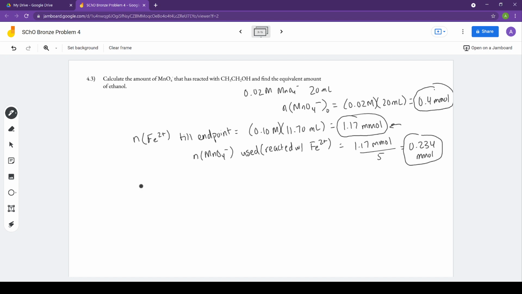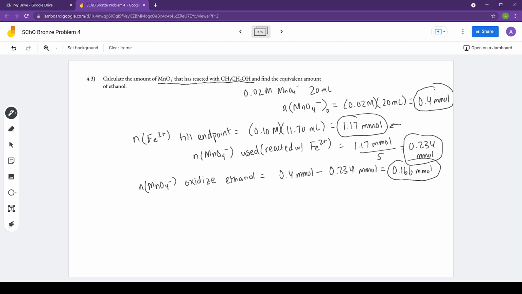So the amount of permanganate to oxidize the ethanol is the 0.4 millimoles that we started with, and then we subtract off the amount that we know didn't react with the ethanol and instead reacted with the Fe2+. If we subtract this, we get 0.166 millimoles. That's the amount of permanganate that reacted with the ethanol.